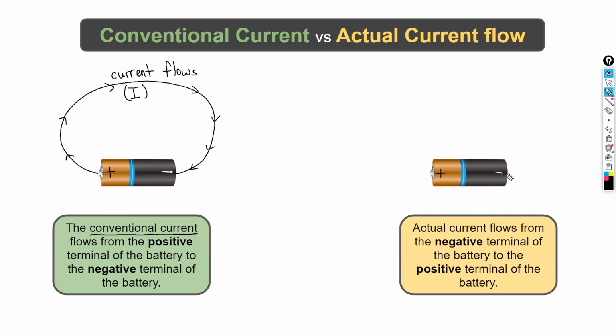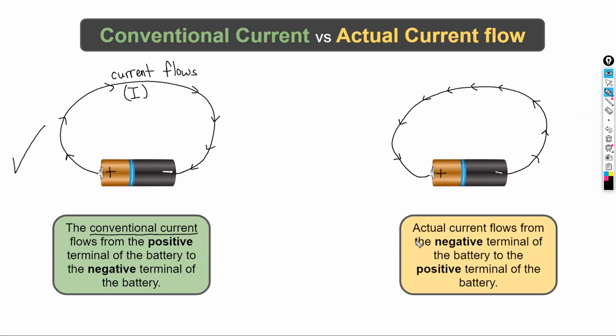Actual current flow is from negative to positive, right? But whenever we do calculations or any set of theory, the norm is to assume it's conventional current, not actual current flow, right?